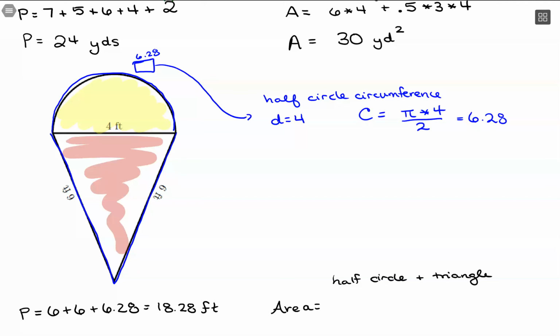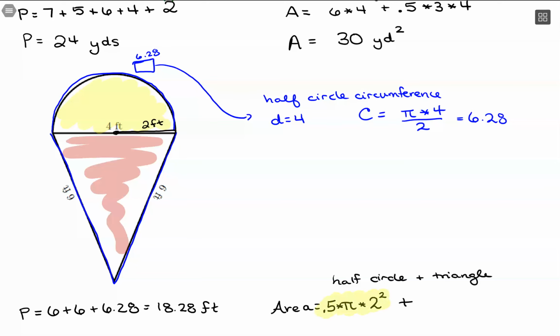A circle in general is pi r squared. Now with this, if it has a diameter of 4, then the radius is 2 feet. So we'd have pi, and then r is 2, which we're squaring. And then because it's half of a circle, we just want to make sure to take half of that value. So that'll find our half circle piece, just that calculation there.